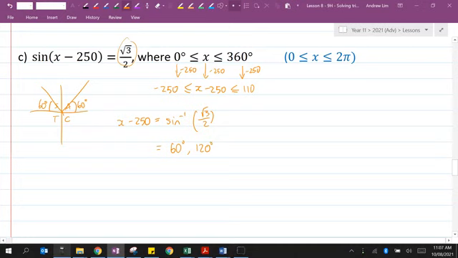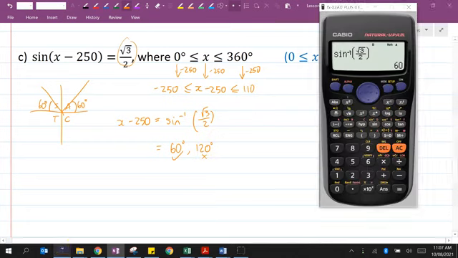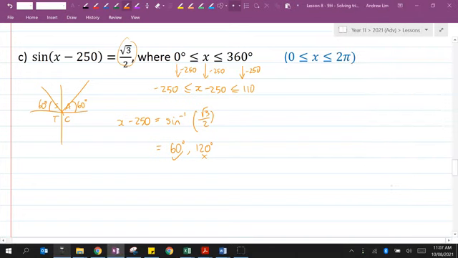However, we notice that this one is in the domain, but this one isn't. This one's outside of the 110. So what we need to do is minus 360 from it. So 120 minus 360 is negative 240, and now that's within the given domain.